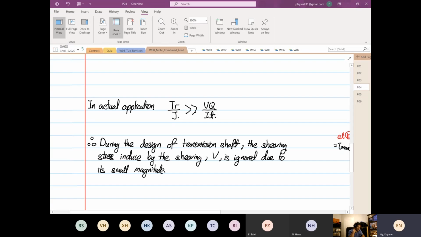We usually ignore it. But the TR over J, which also induces a shear, cannot be ignored because the forces are very high.